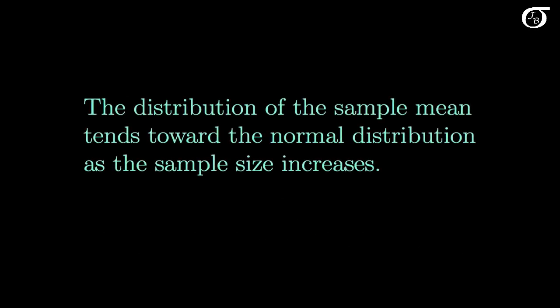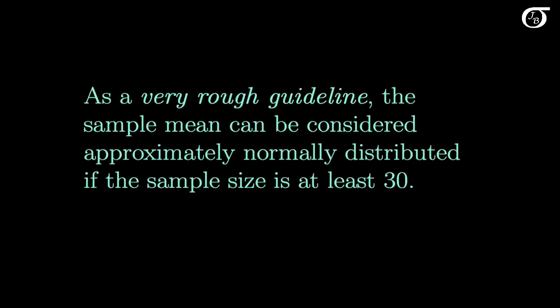What I was illustrating there is that when we are sampling from non-normal populations, the distribution of the sample mean tends toward the normal distribution as the sample size increases. As a very rough guideline, the sample mean can be considered to be approximately normally distributed if the sample size n is at least 30.